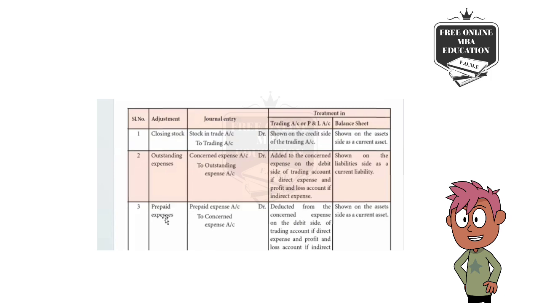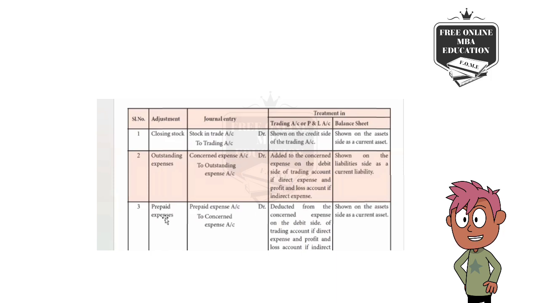Next, prepaid. Prepaid means whatever we have already paid in the year which we're not supposed to pay. Let's take an example. We were supposed to pay the insurance premium. The insurance premium is due in the month of June every year. So we are going to pay for June 2024, suppose, before 31st of March. That means the amount which we were supposed to pay in the next financial year, we have paid earlier. That means we have prepaid.